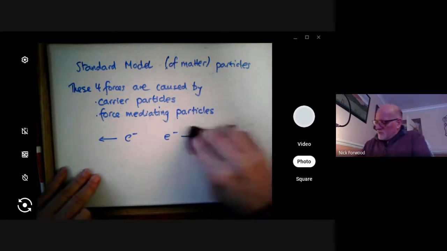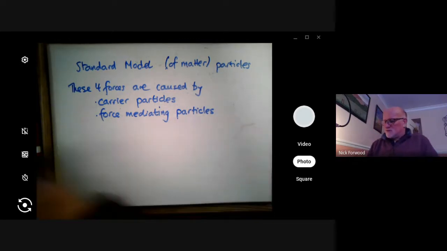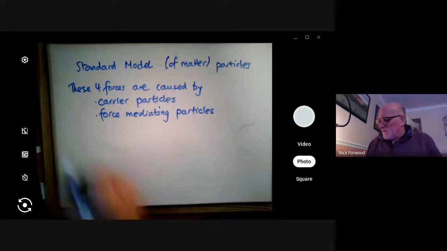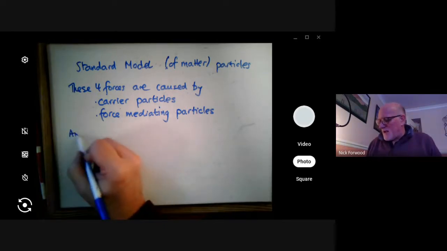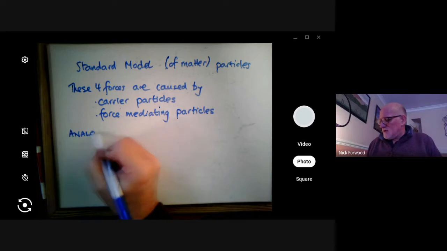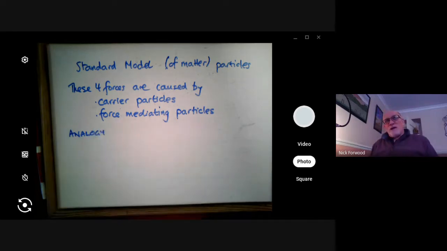Now, the way I want to do this and look at particles is by way of what's called an analogy. Now, an analogy is a common everyday thing that we're happy with that might explain how forces work by carrier particles moving between two things.